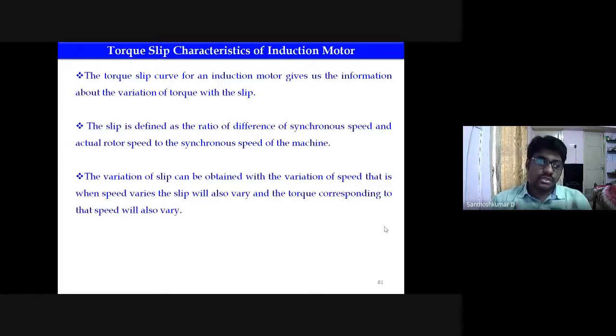Before we step into this class, I just want to ask you a few questions. We have all studied characteristics like speed-torque characteristics, current and voltage characteristics, and voltage and load or speed characteristics, in our laboratories as well as in theory classes.